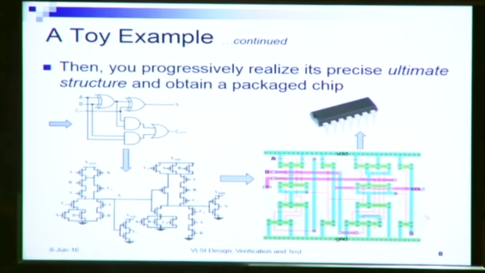So we have this layout design. From this layout design, it will be etched onto a substrate, and we will finally get a packaged chip like this. So this is a toy example, but it shows you in a nutshell how the design progresses from the initial specification that we have in mind of its functionality to the finally packaged chip.